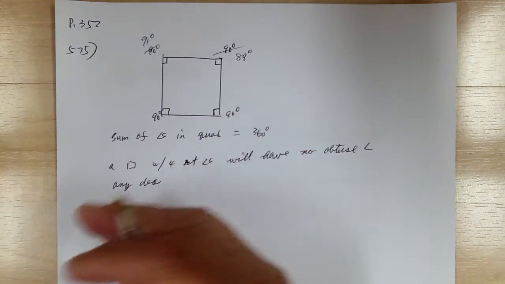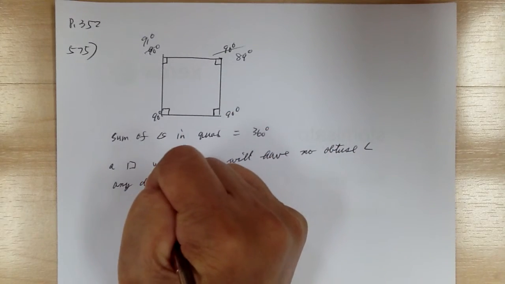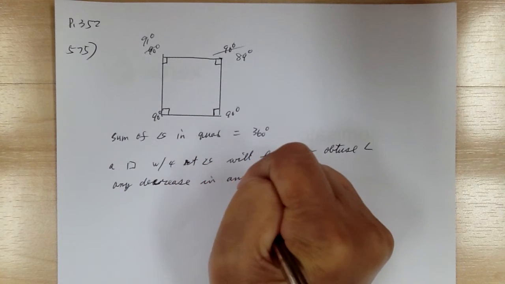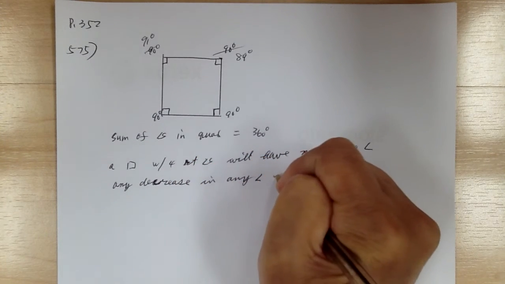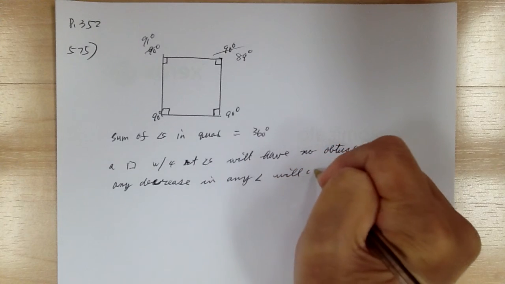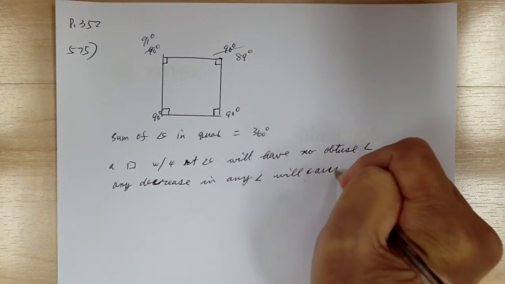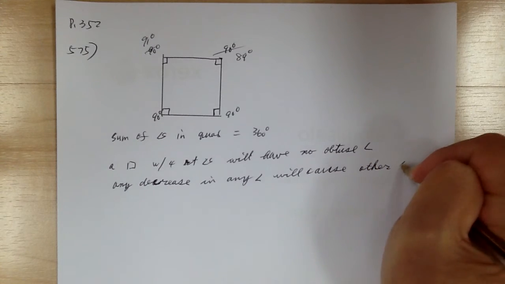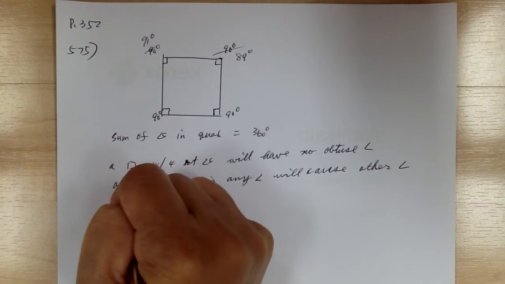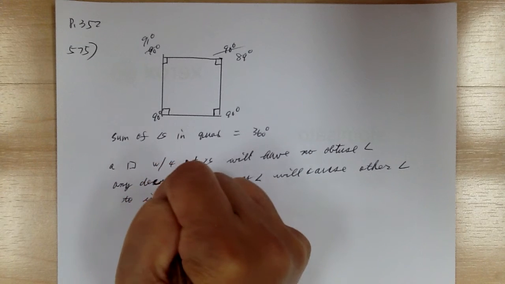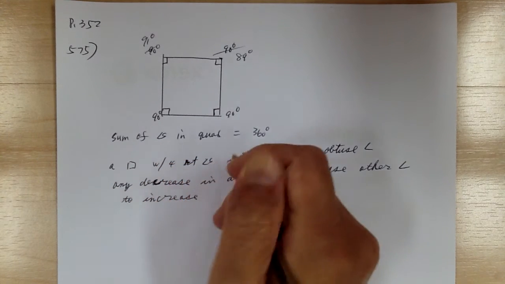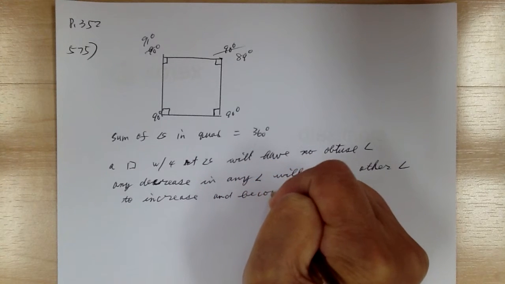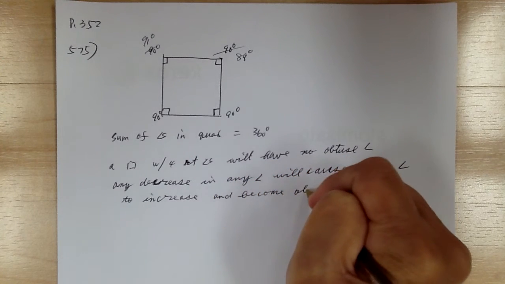Because you don't want to have an obtuse angle. So any decrease in any angle will cause the angle to increase and become obtuse.